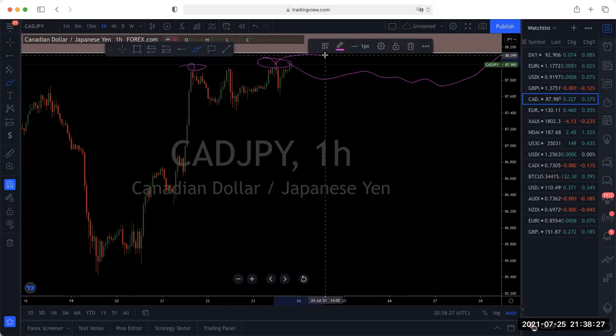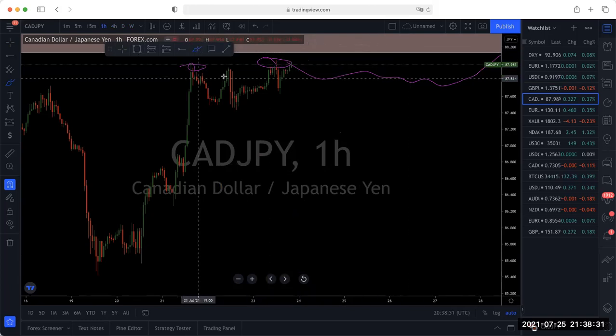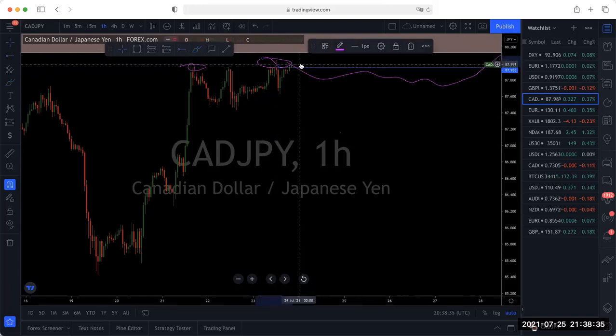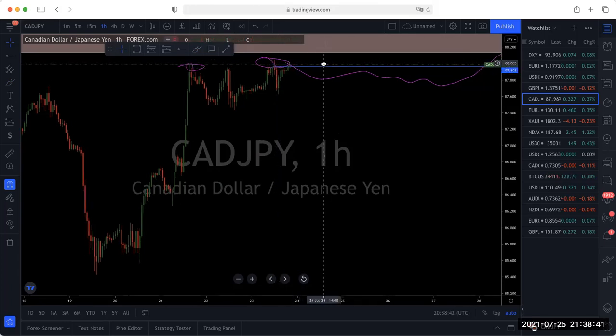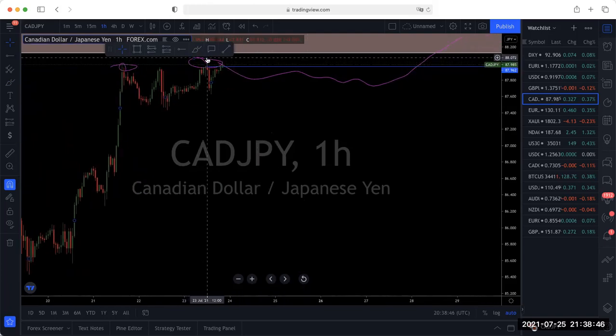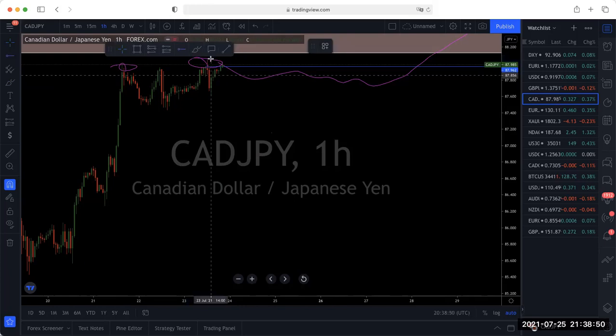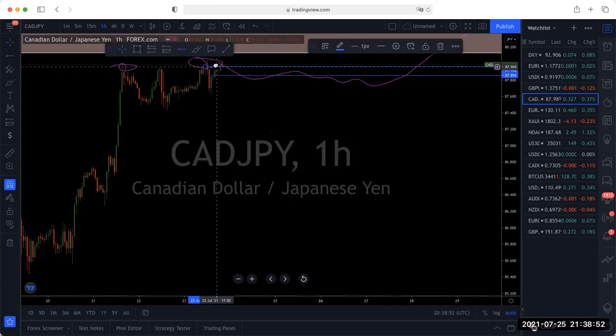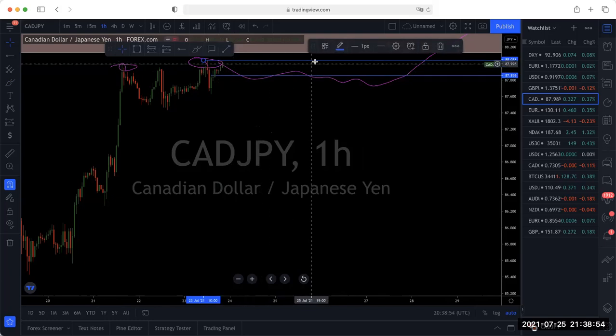This is a liquidity zone here, right? Let me use my line. This is a liquidity zone here. So it is very possible that price will come to take this particular high out, just as we are actually anticipating.